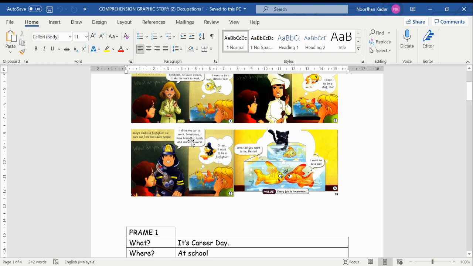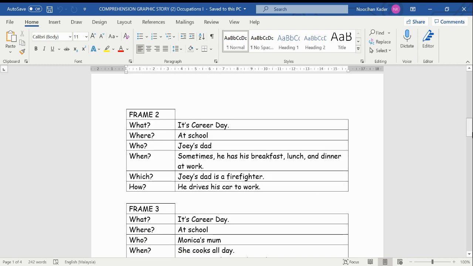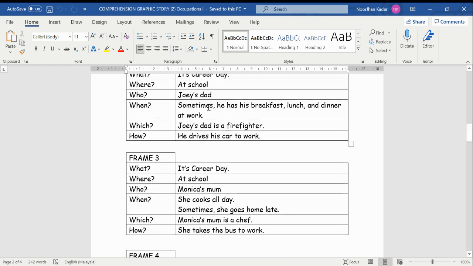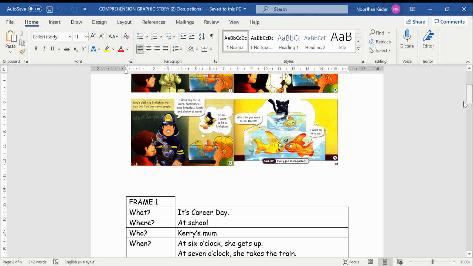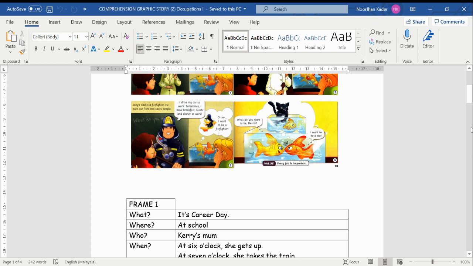It says here, sometimes I have breakfast, lunch, and dinner at work. So this is actually telling us the time, telling us when. Sometimes he has his breakfast, lunch, and dinner at work. Which occupation does Joey's dad do? Joey's dad is a firefighter.